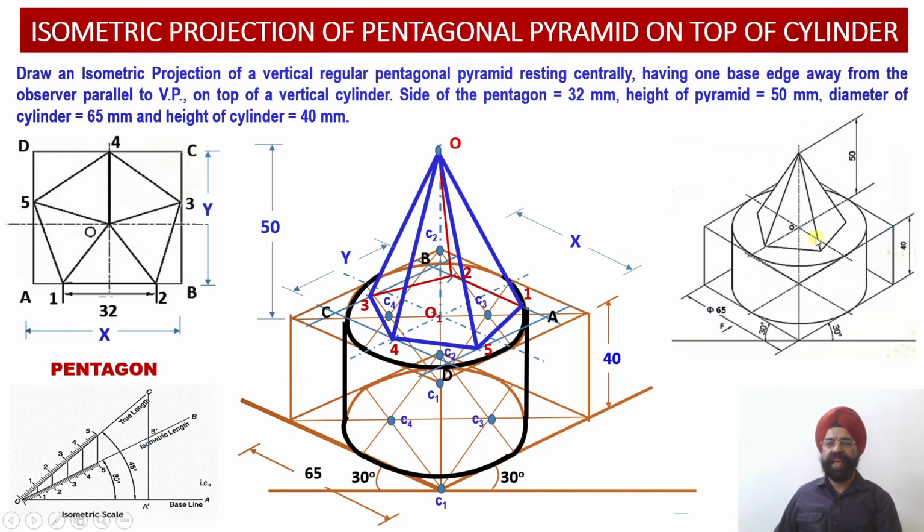Please check, this is the same construction which we have picked up from the literature, but in this construction all the lighter lines have not been shown over here. So this will not provide you the perfect idea, is it a pentagonal pyramid or is it a hexagonal pyramid. So this way you are not able to find it out from here, but by looking at this construction you are able to validate this fact that in the case of a pentagonal pyramid, the 5th edge is not visible, whereas even if you draw a hexagonal pyramid on top of this, you will find that only 4 slant edges would have been visible over there.